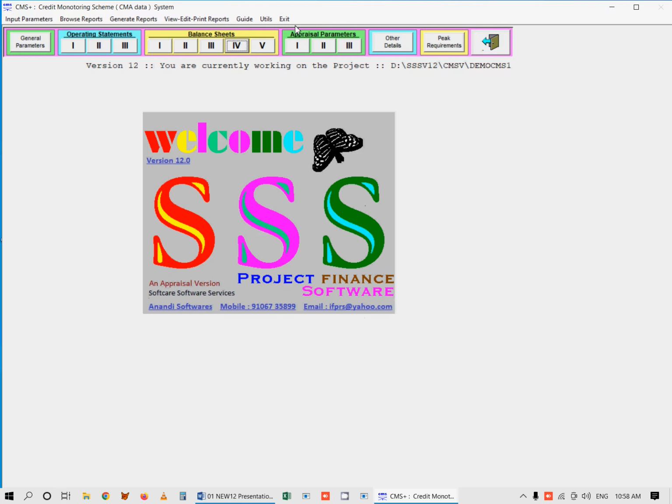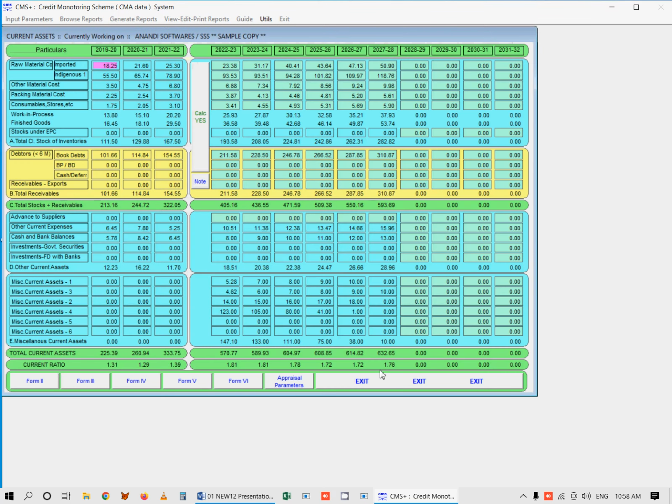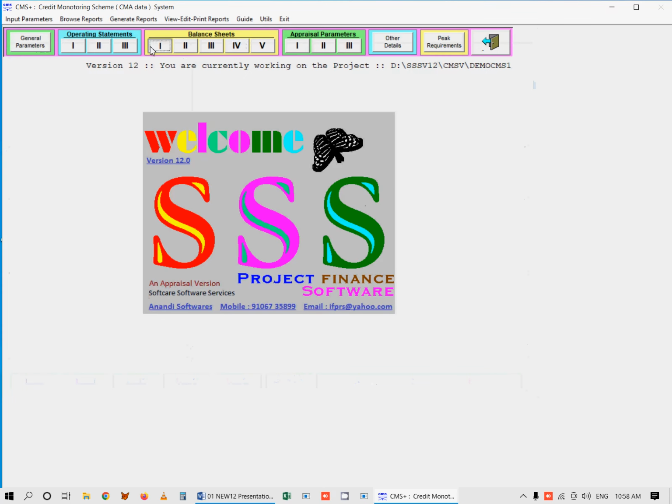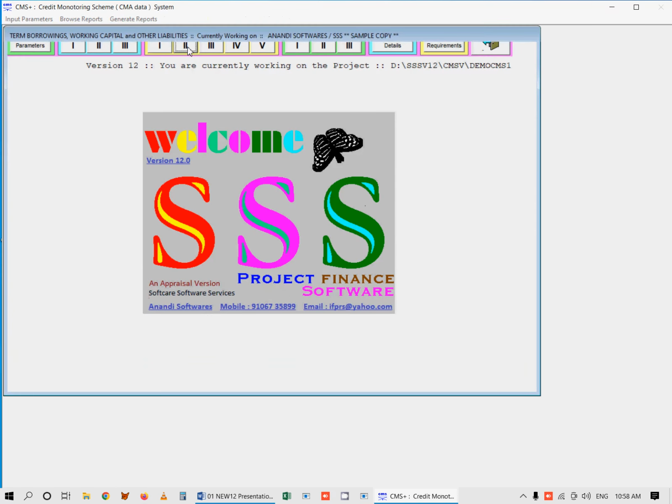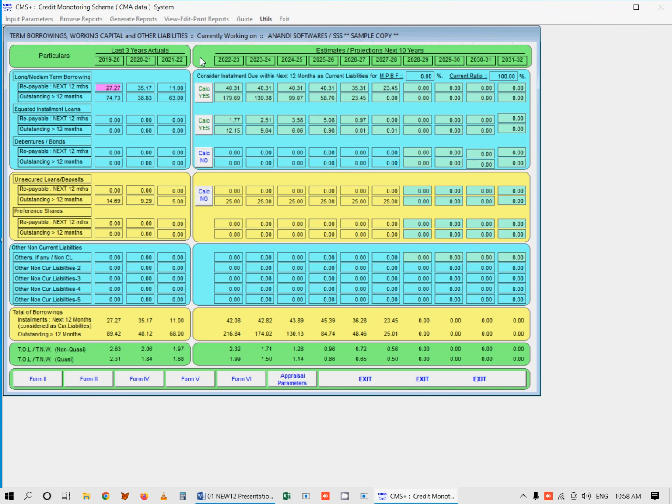Further, moving ahead to other aspects as for framing of balance sheet. We had seen earlier the current assets and current liability screen. Looking to the borrowing and non-current liability screen, as seen under the calculate mode, the above part is all getting auto-calculated and placed over here.